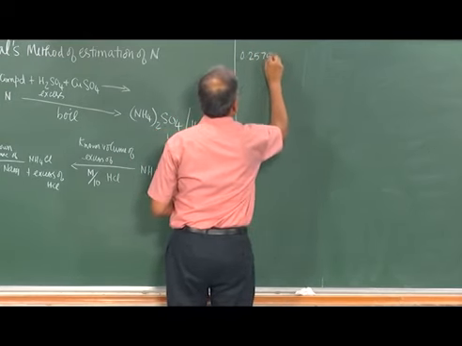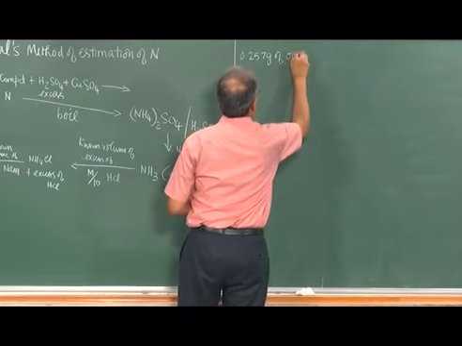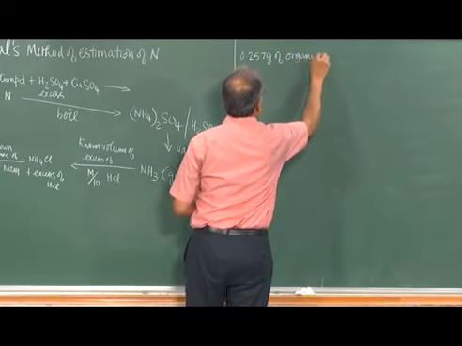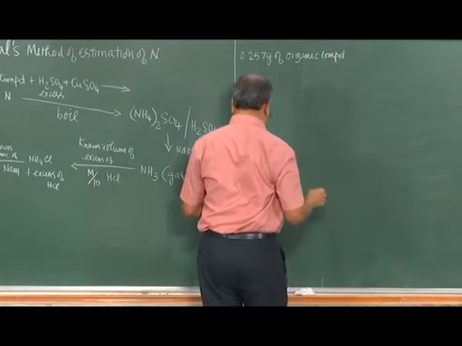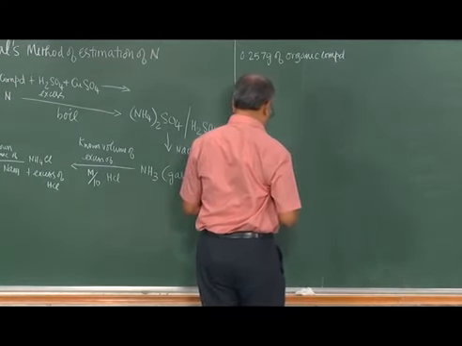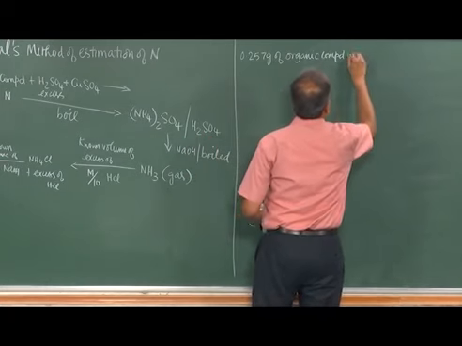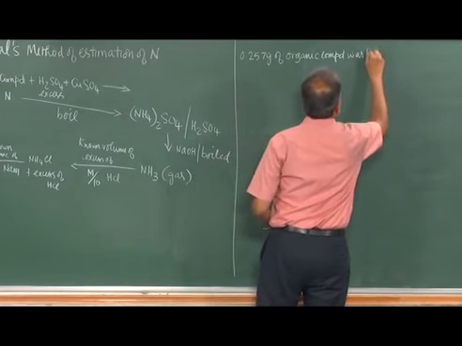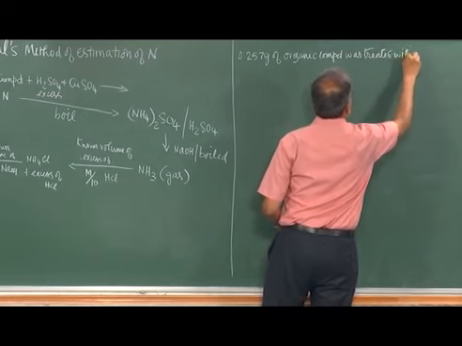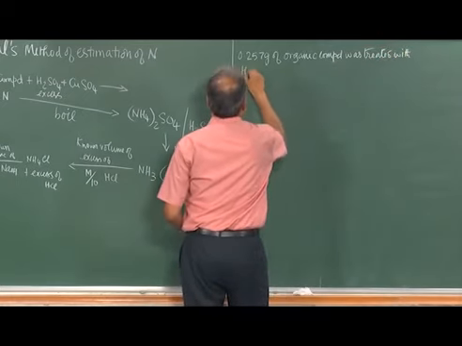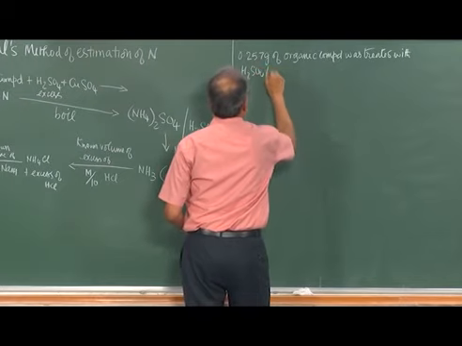0.257 grams of an organic substance was treated with sulfuric acid and copper sulphate.